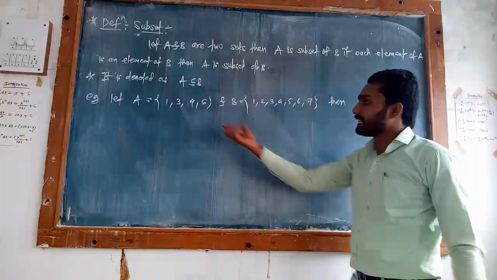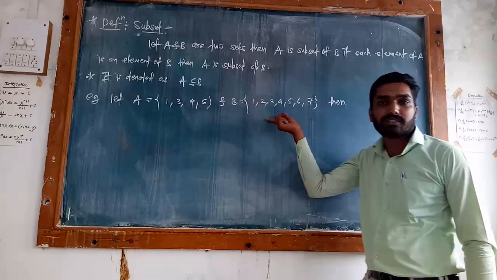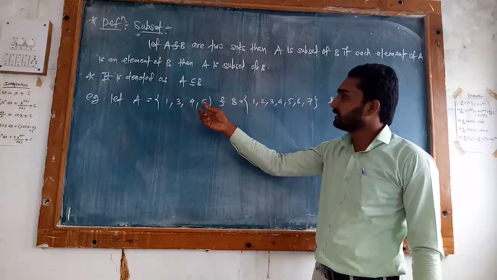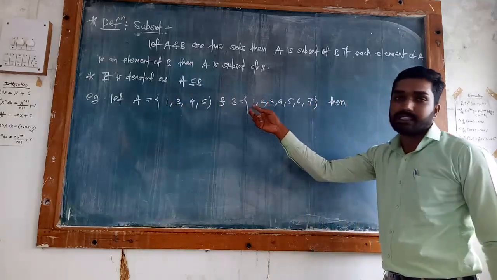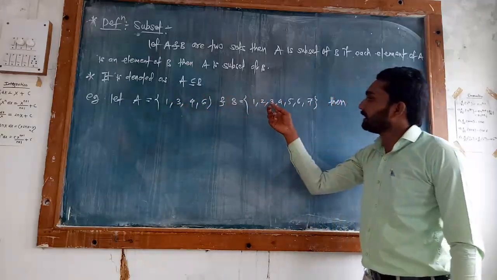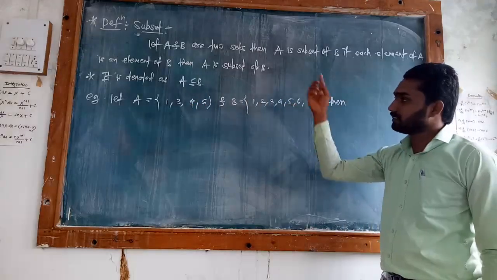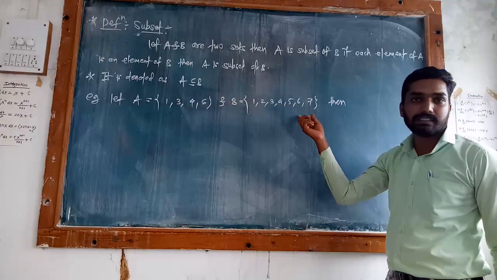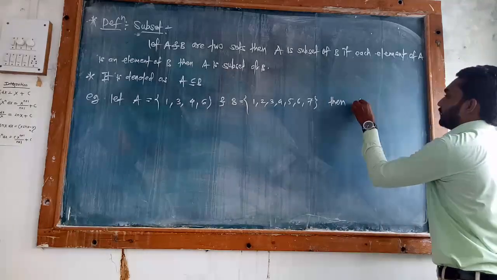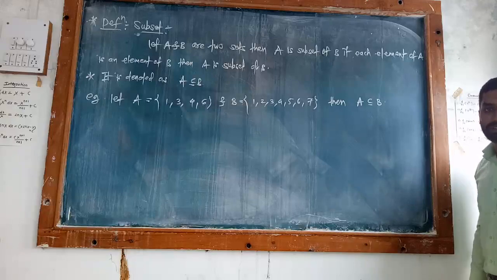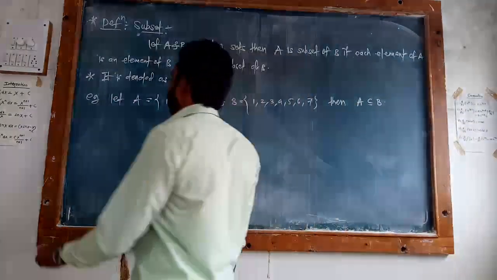Then each element of A is an element of B. So what are the elements of A? 1, 3, 4, 6. Is 1 in set B? Yes. Is 3 in set B? Yes. Is 4 also in set B? Yes. Is 6 also in set B? Yes. Then A is a subset of B. This is the first example.